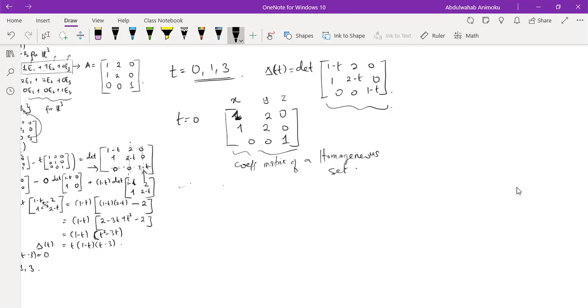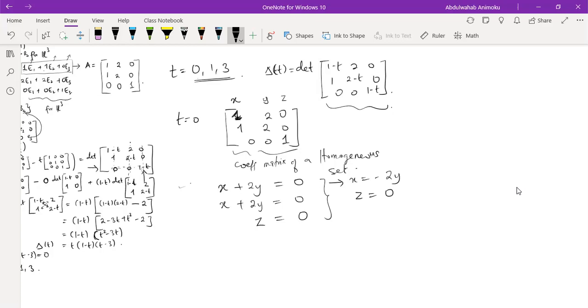So that will give us 1 times x plus 2 times y plus 0 times z equal to 0. The next one we have x plus 2y again equal to 0. The third one we have 0 times x plus 0 times y plus 1 times z, which is just z, equal to 0. Now, the solution of this basically tells us that x must be equal to minus 2y from the first equation, and then we get that z equal to 0.